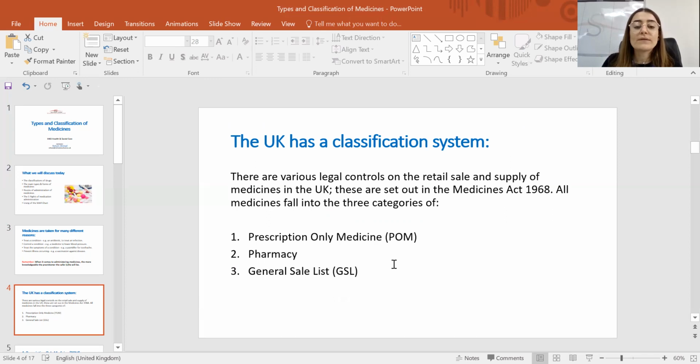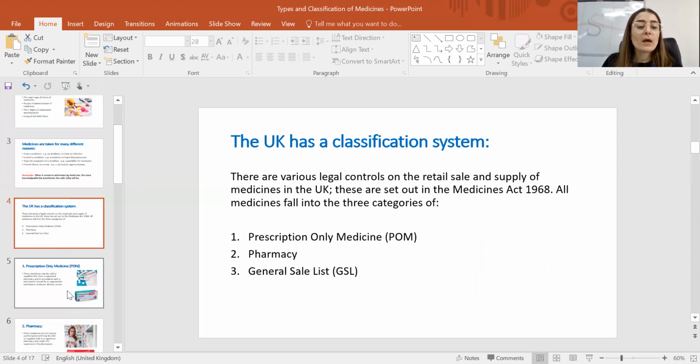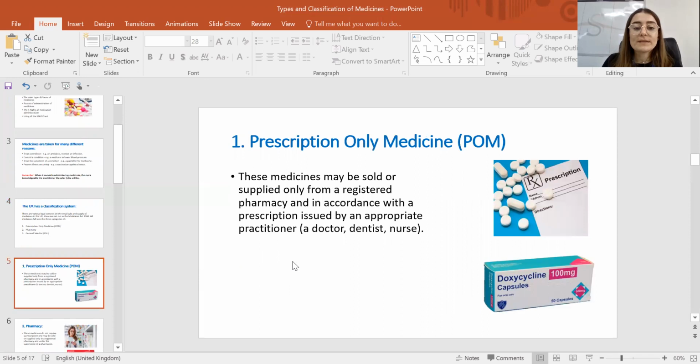In general, there are 3 categories of medicines. First one, prescription only medicine, POM. Second one, pharmacy. Third one, general sale list. First one, prescription only medicines. These medicines may be sold or supplied only from a registered pharmacy and in accordance with a prescription issued by an appropriate practitioner, for example, a doctor, dentist, or nurse.